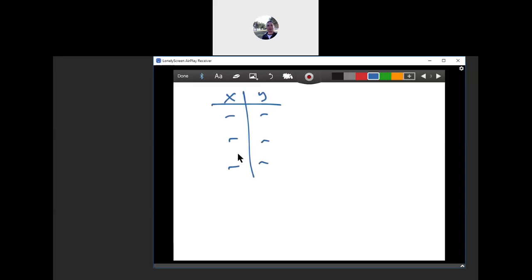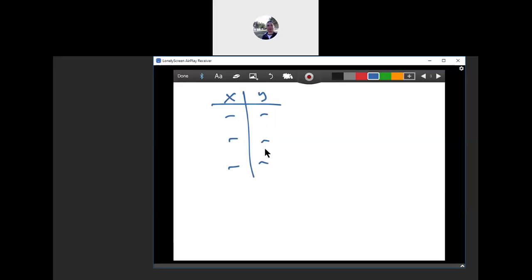But if you have x and y like years or time, you can order the time. And if you have level of education, you can rank the level of education.